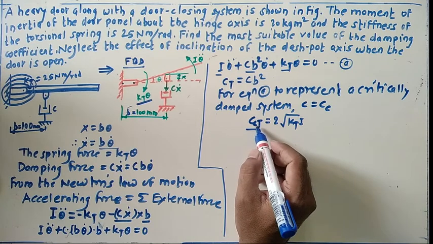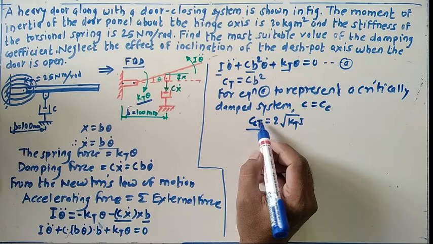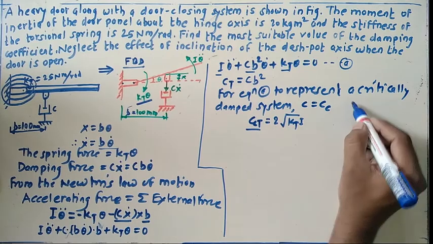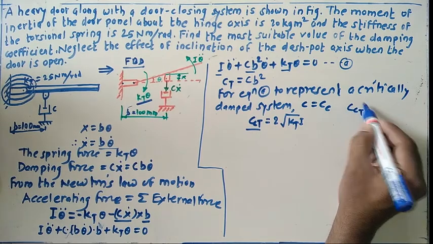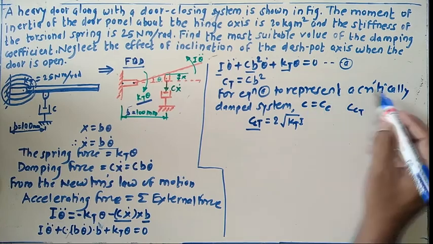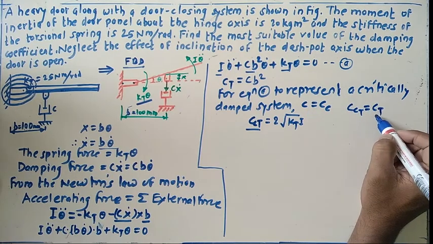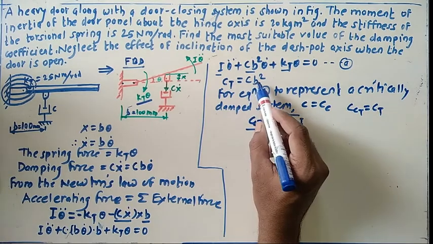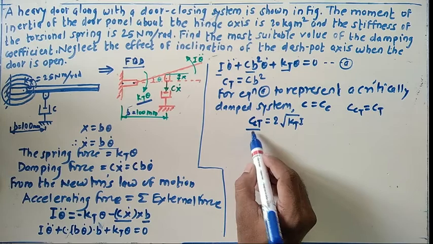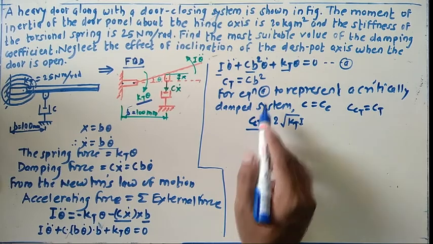Just now I discussed the CCT, this one CCT in case of the torsional system, CCT must be equal to C into T like this one. So CT term already with us, CT is nothing but CB square. So can we replace this CCT by CB square?